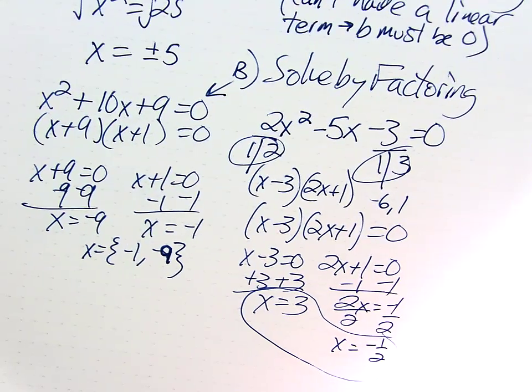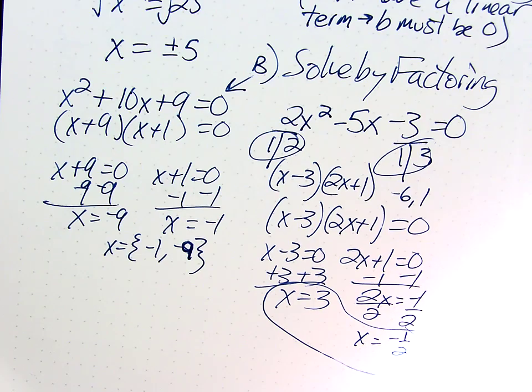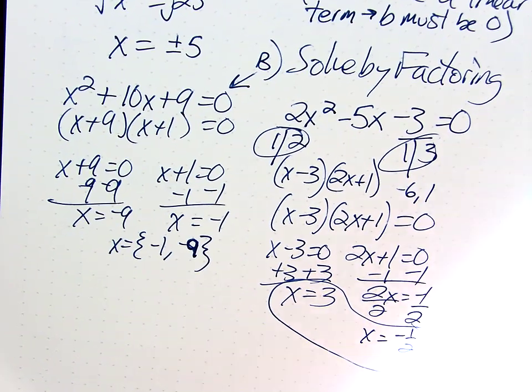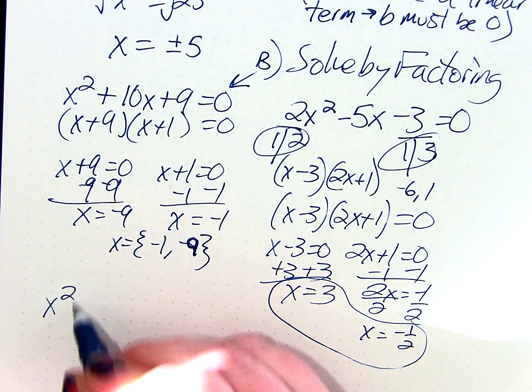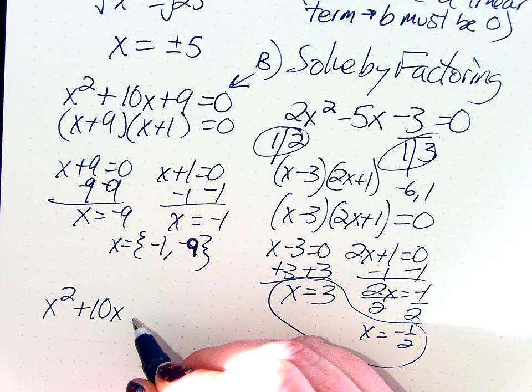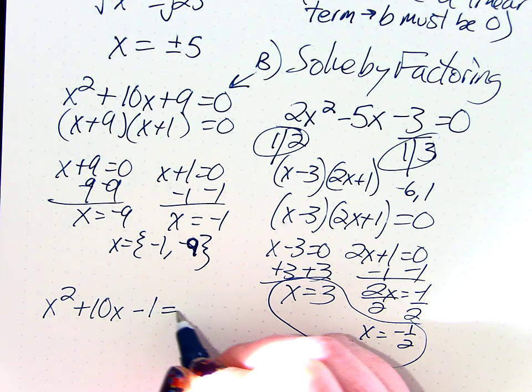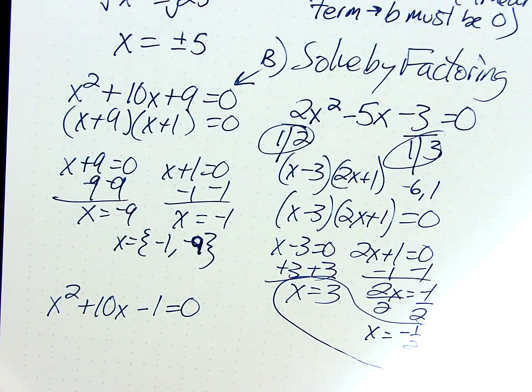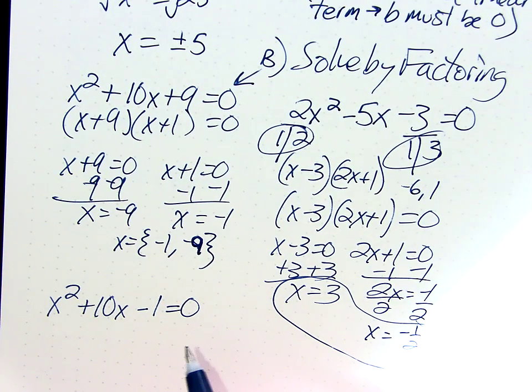Then you might have a problem like this one. So now I'm here. I can't solve this by square rooting because b's not 0.